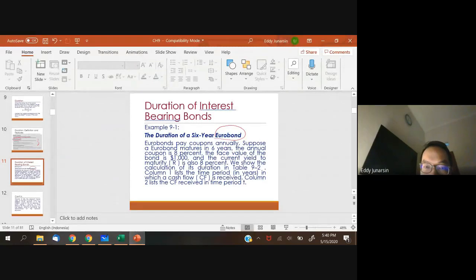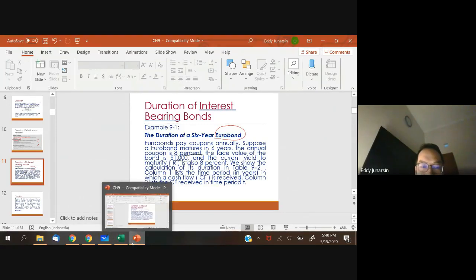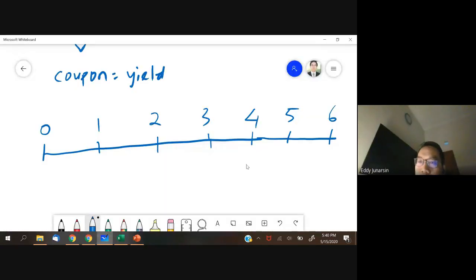Coupon rate is 8%, right? And then the face value or the par value is 1,000. So you pay 1,000 here, right? At the end you get 1,000 if you're a buyer. If you are the issuer, you pay 1,000 at the end. So just suppose that you're a buyer, so you get 1,000 there, and then the coupon rate is 8%.